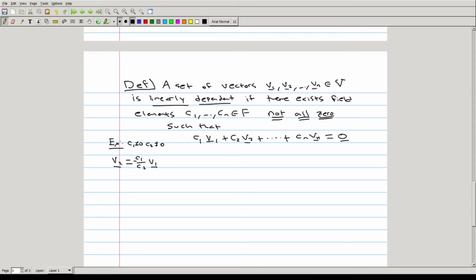So in this case, vector V2 depends linearly on V1. And this is the basic idea of linear dependence. This should be a very familiar concept if you have taken a linear algebra class.